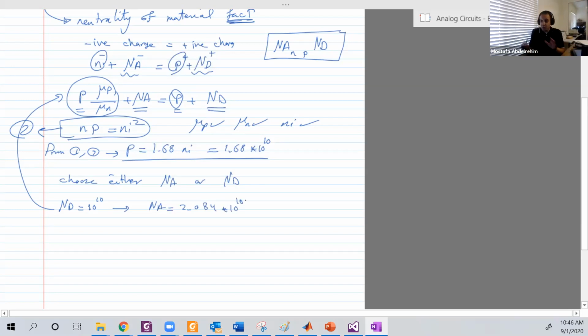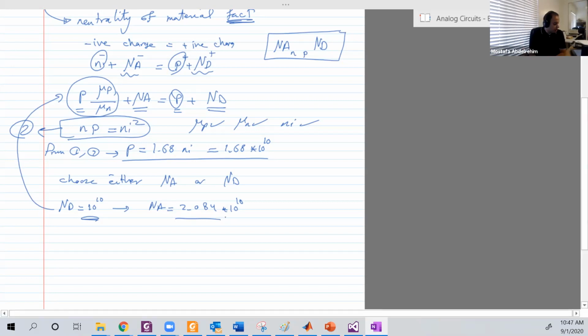So if you have an intrinsic silicon material sample, and you dope it with 10 to the power 10 donor atoms or phosphorus atoms and 2.084 10 to the power 10 boron atoms or acceptor atoms, then if you measure the current that came from IN and the current that came from only IB, you will find them both equal.